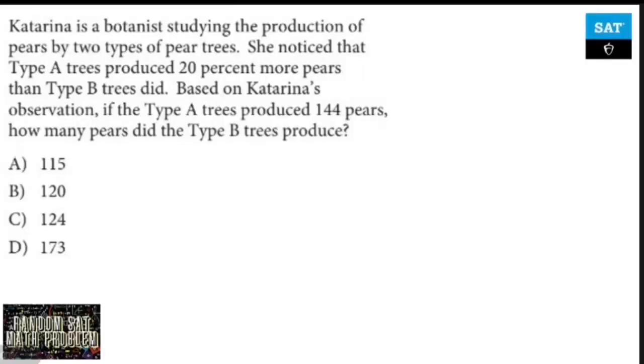Katerina is a botanist studying the production of pears. She noticed that type A trees produce 20% more pears than type B trees did. Based on Katerina's observation, if type A trees produced 144 pears, how many pears did type B trees produce?